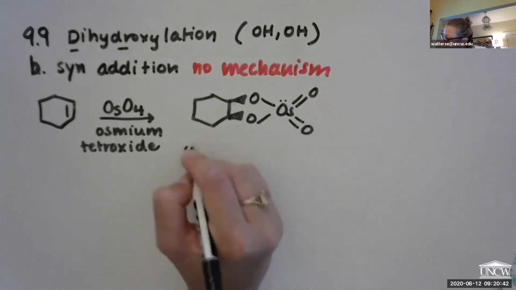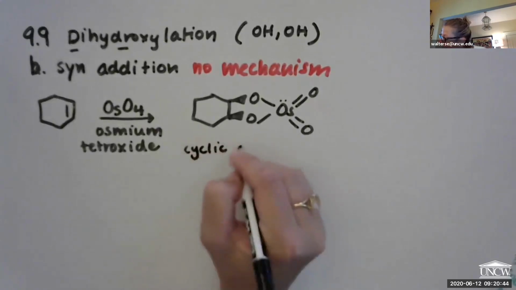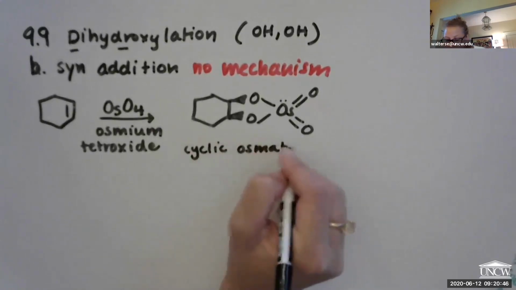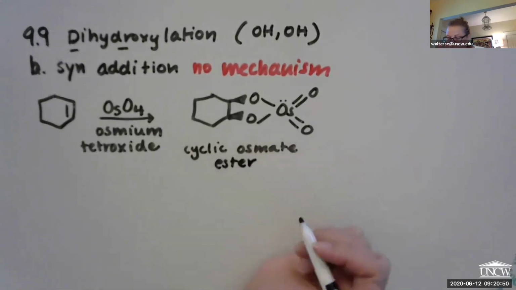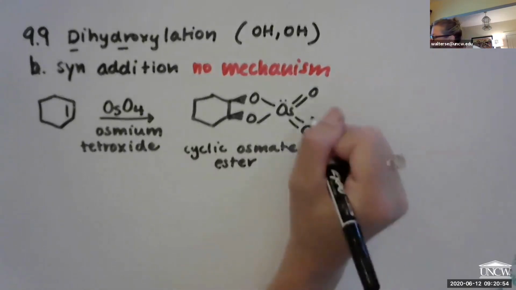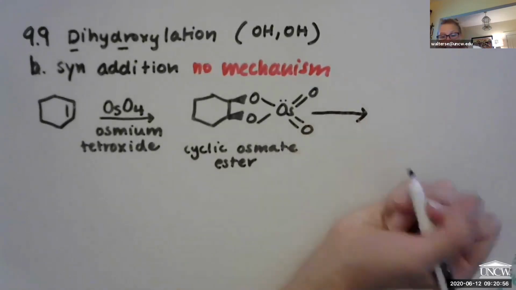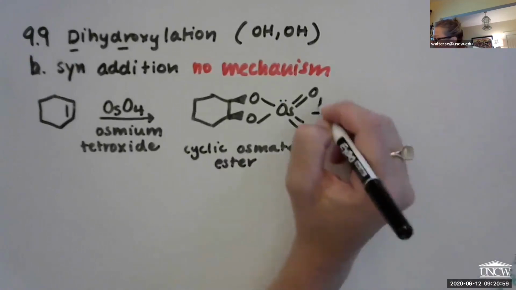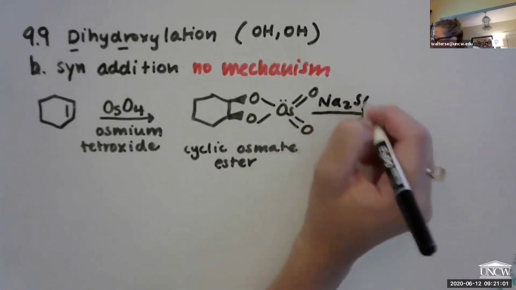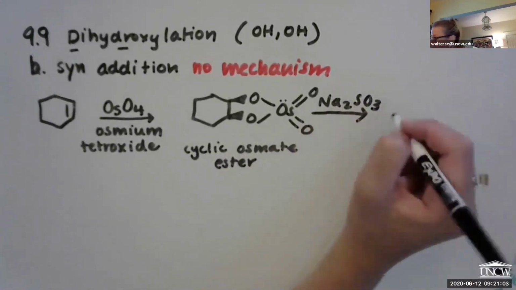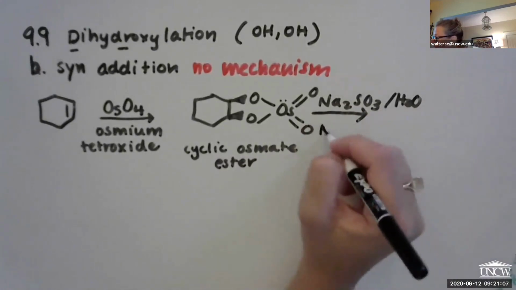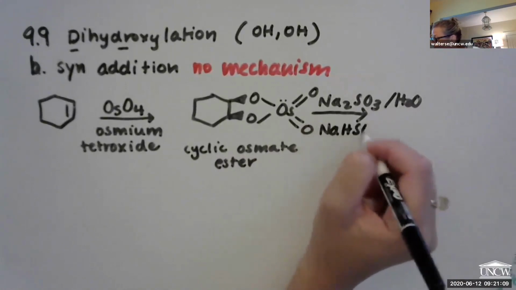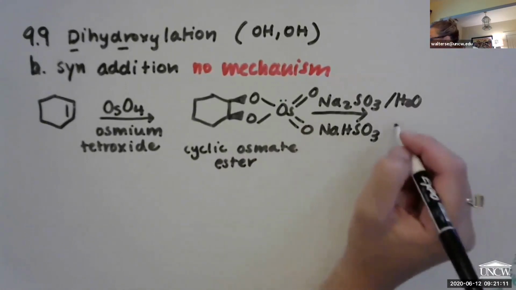This part is called a cyclic osmate ester. Okay. This is treated with a reducing agent, and you have a choice. You can use sodium sulfite in water, or you can use sodium bisulfite in water.